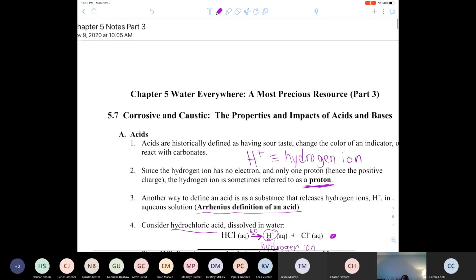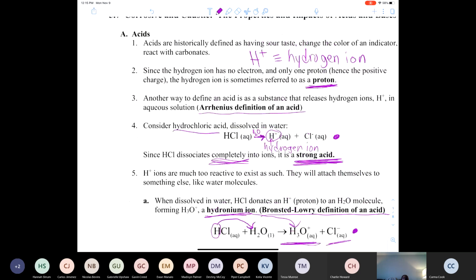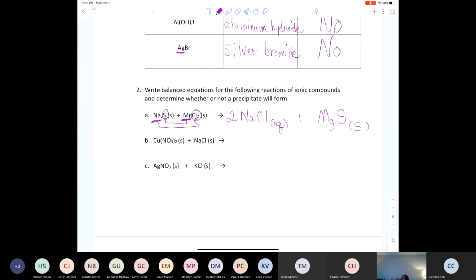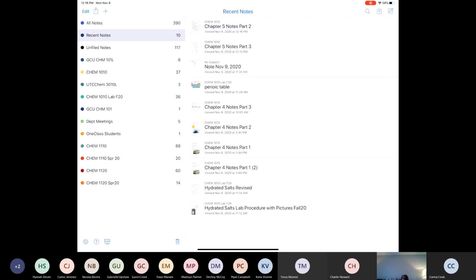So in addition to part 2 of the notes, I asked you to finish up question 2, parts B and C. So we'll discuss the solutions to those first thing on Wednesday.